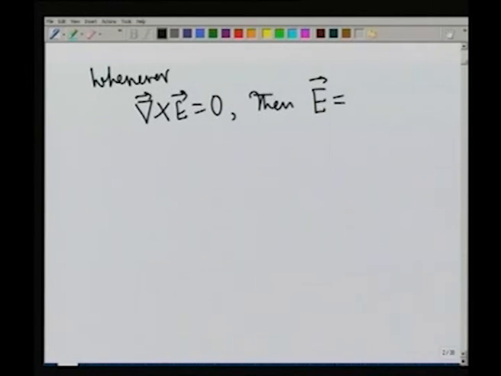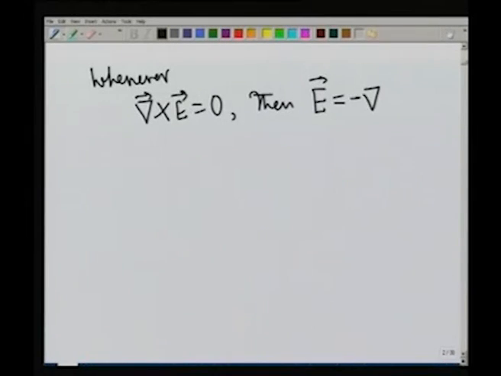Then E can be written as the gradient of a scalar field, and because I have a future application in mind, because that scalar field will be identified to be the electrostatic potential, let me introduce a minus sign. That does not cause us any harm. I can write it as the gradient of a scalar field, and this scalar field is nothing but the electrostatic potential. So this is a statement which I am not going to prove. I am only stating it. So you can recall whatever you have studied from your mechanics or go back and look up the books.